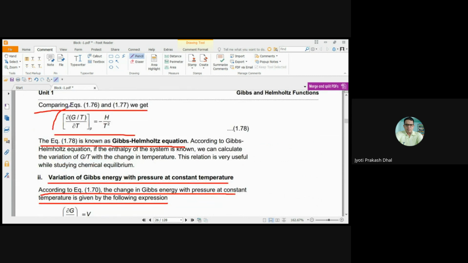So we write del (G by T) by del T at constant pressure equals minus H by T square. This is equation 1.78, and it is called the Gibbs-Helmholtz equation. This is one long question.